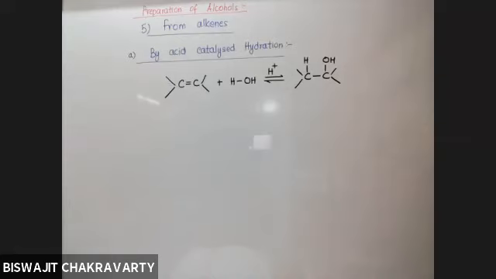And if it is asked why the catalyst is required, the catalyst is required because alkenes in general are nonpolar and water is a polar medium. So nonpolar and polar will not interact. So we have to create some disturbance in the alkene. And that disturbance is created with the help of the H plus coming from the acid. And that is why we say that the presence of acid is important for creating the disturbance.